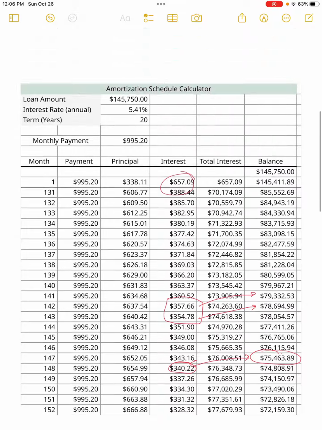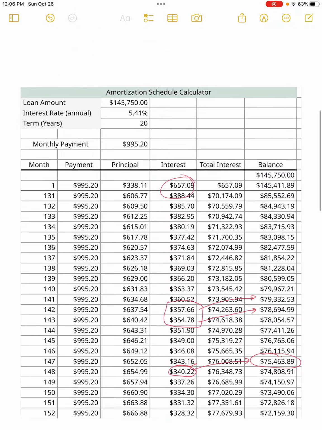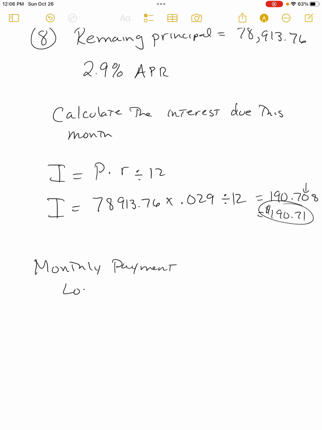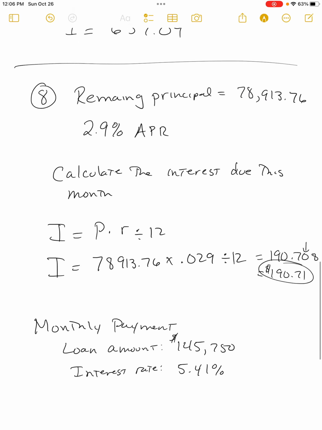So if I go back up to my example, when we took a loan out for $145,750, let me come down here and write that. Our loan amount was $145,750, and the interest rate for that problem, I believe, was 5.41%.